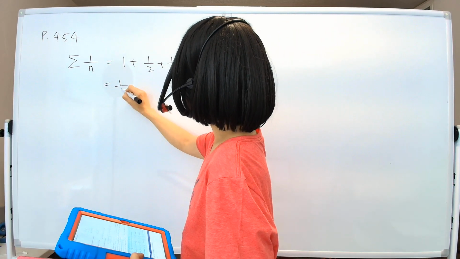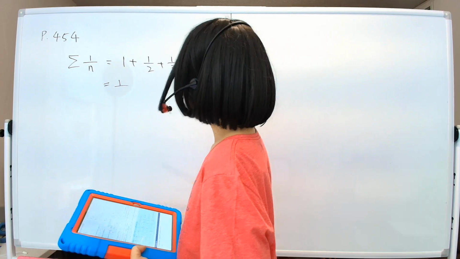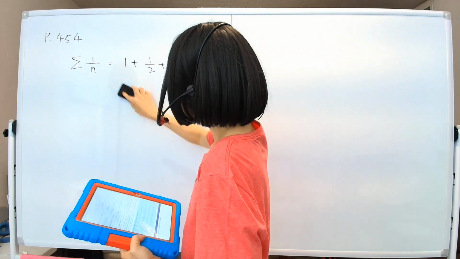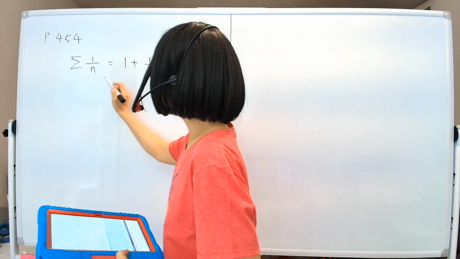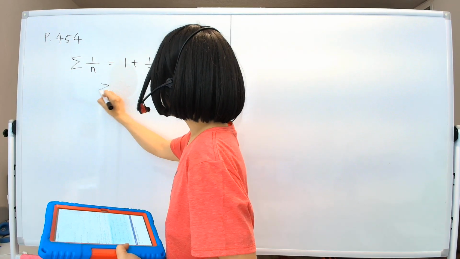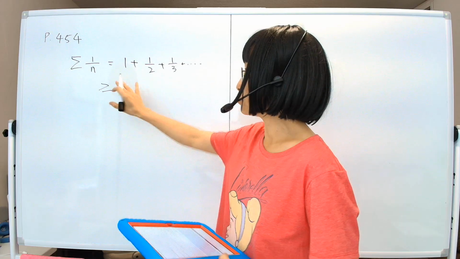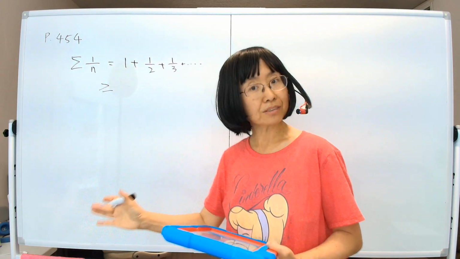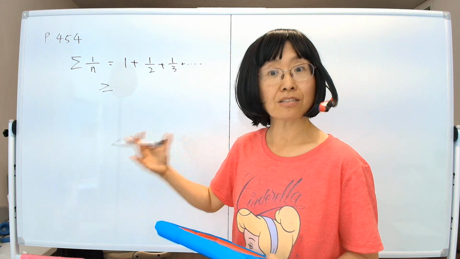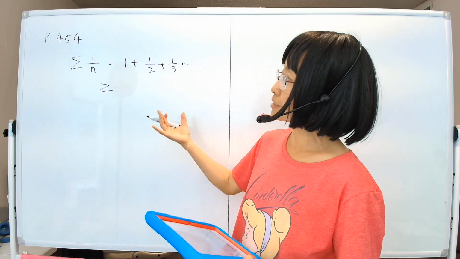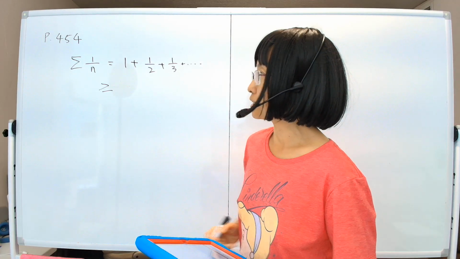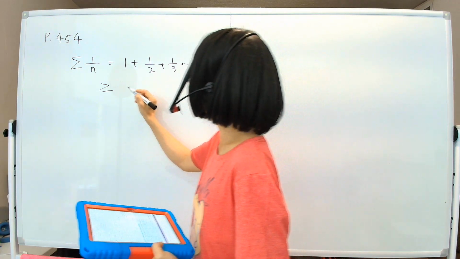It is bigger than or equal to a different series that diverges. So we'll design a different series that's smaller than the harmonic series but still goes to infinity. If we can find such a series, then of course the harmonic series is forced to go to infinity.